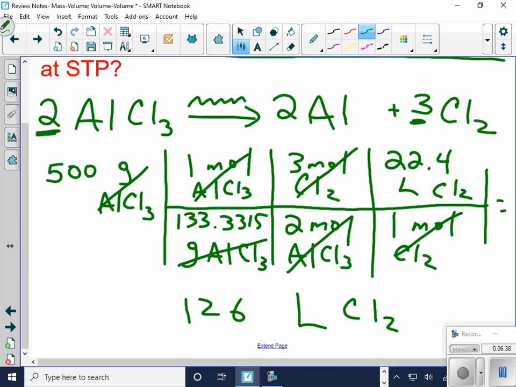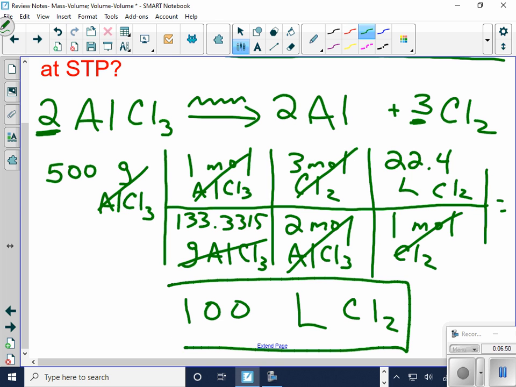Tyler? I only have 1. How many is 126? That's 3. So what I have to do is I have to put in some placeholders right there because I can only have 1 significant figure. So my correct answer is 100 liters of chlorine.